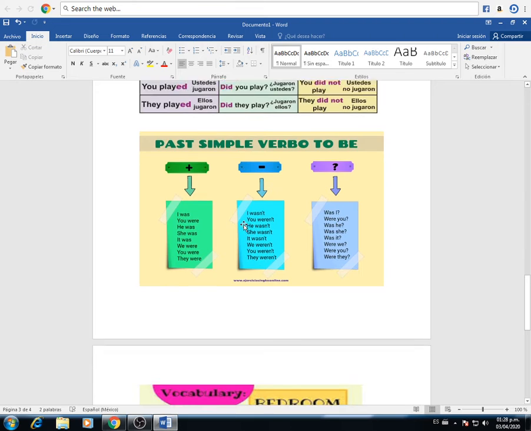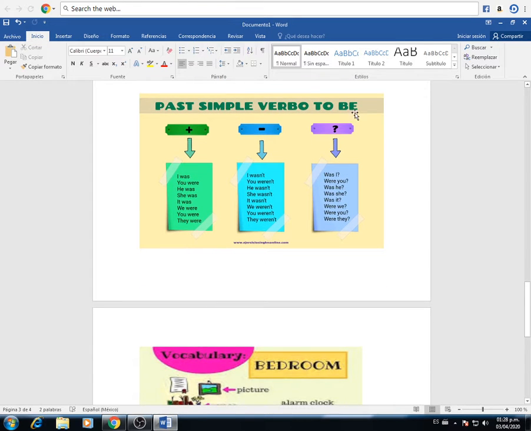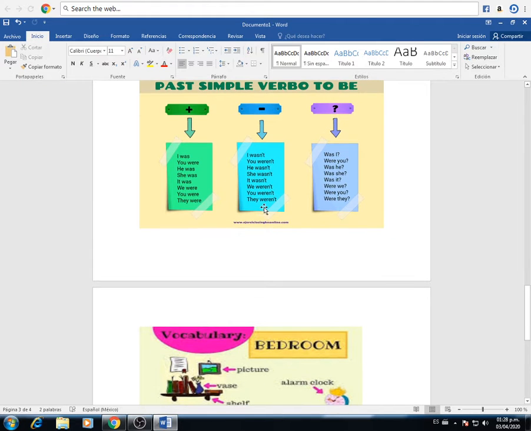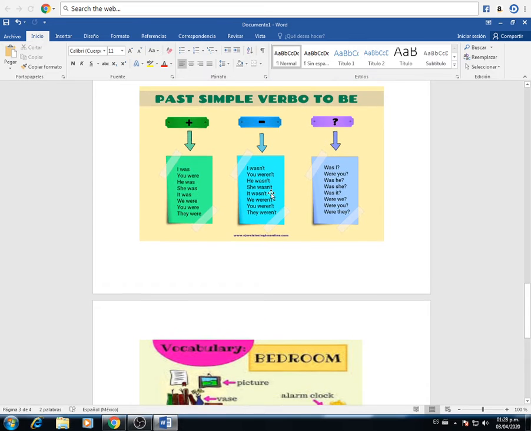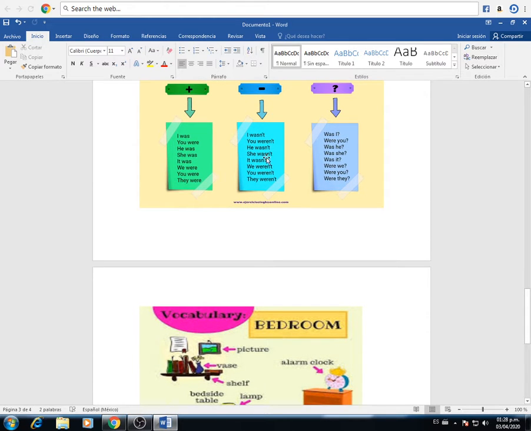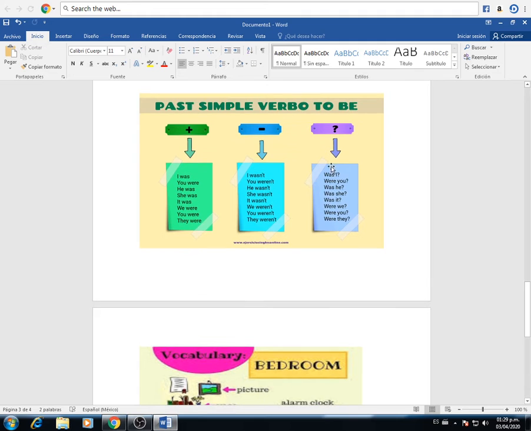Now, this is the auxiliary be. The past simple with the auxiliary be is the following. In the affirmative form, you can use I was, you were, he was, she was, it was, we were, you were, they were. Negative form, I wasn't, you weren't, she wasn't, it wasn't, we weren't, you weren't, they weren't. In interrogative form, was I, were you.